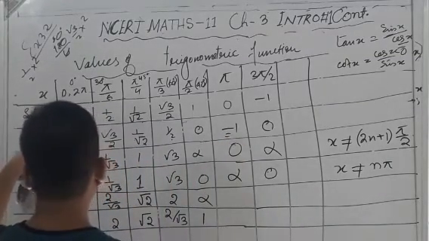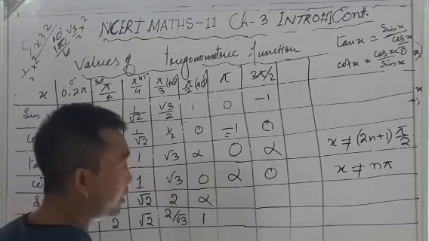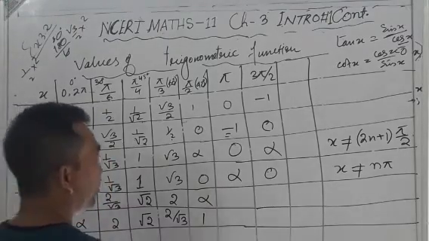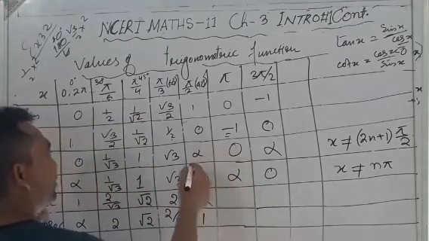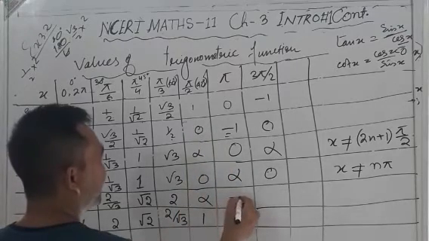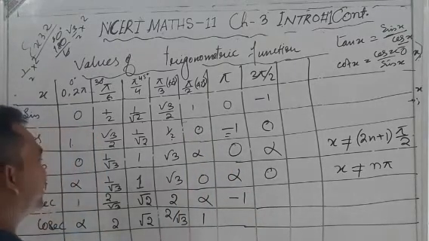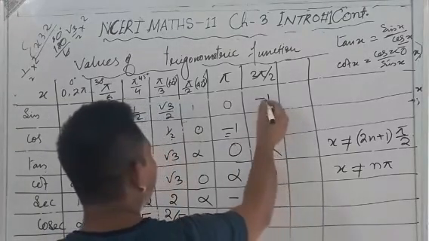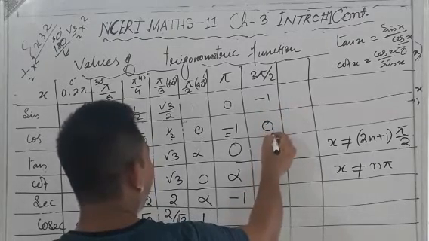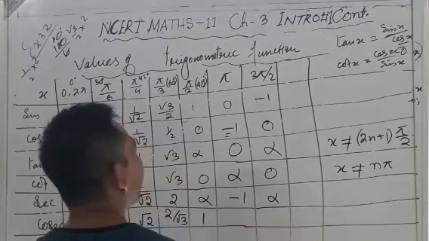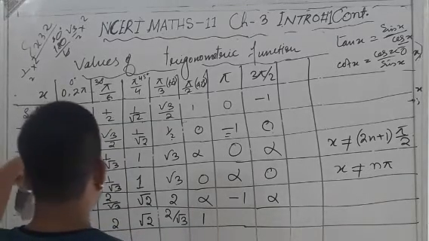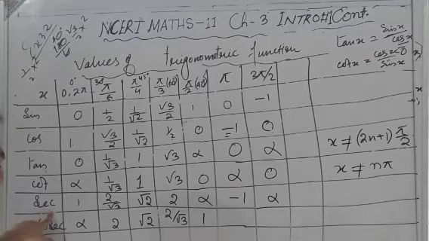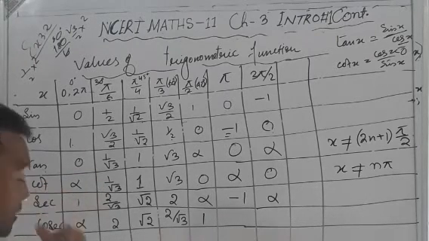The reciprocal of cos is sec, that is 1 by cos. If it is 1 by cos, that means it will be 1 by minus 1, so it will be minus 1. Correct? Next one. It is 0, so it is not defined. It becomes 0 because it is cos. Sec x equals 1 by cos x.